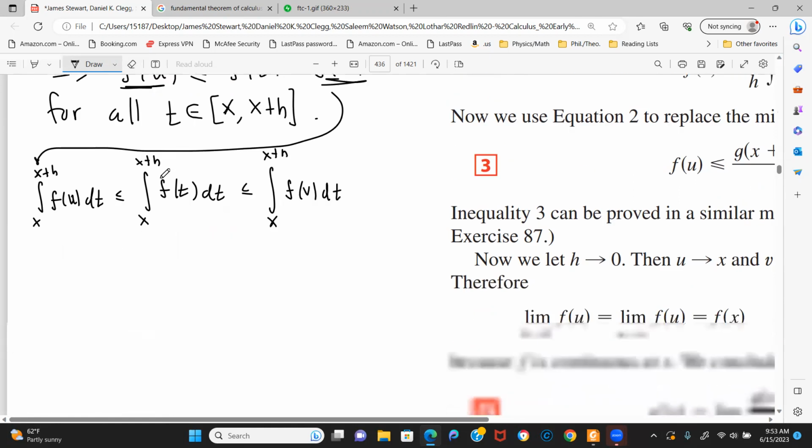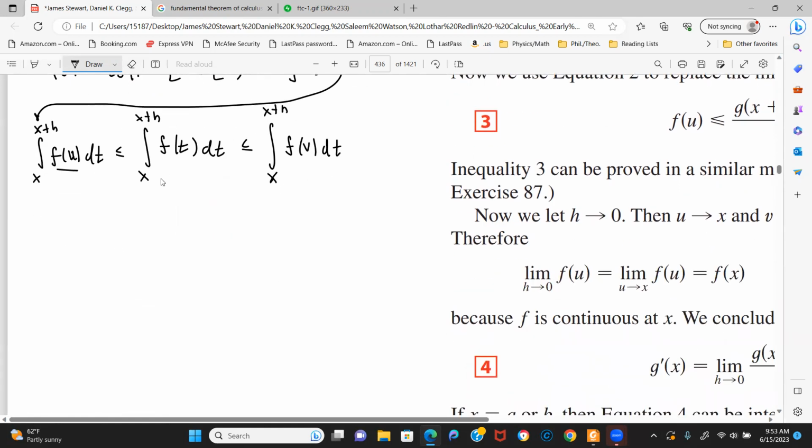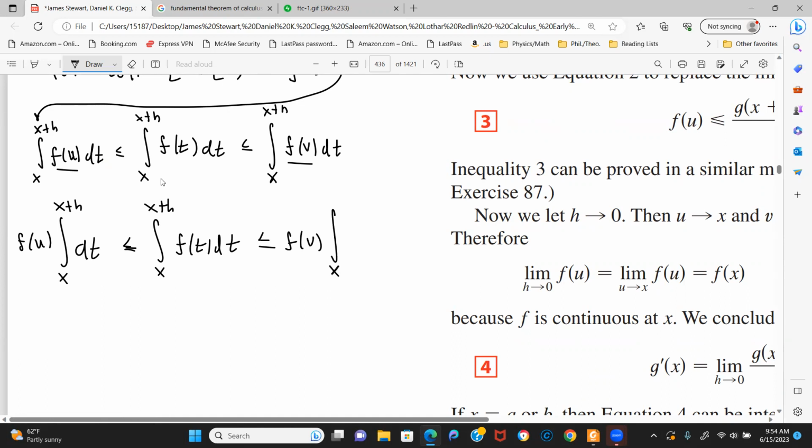All right, now f of u and f of v are constants, so I can just take them out of the integral. So it's going to be f of u times the integral from x to x plus h dt, less than or equal to the integral of x to x plus h of f of t dt, and this is going to be less than or equal to f of v times the integral from x to x plus h dt.